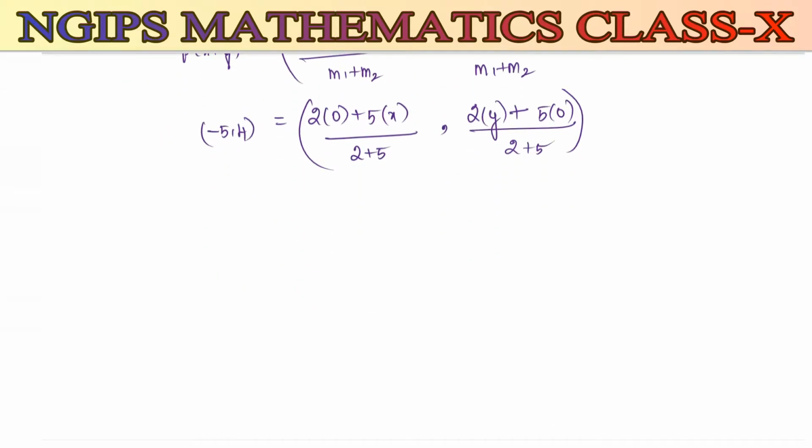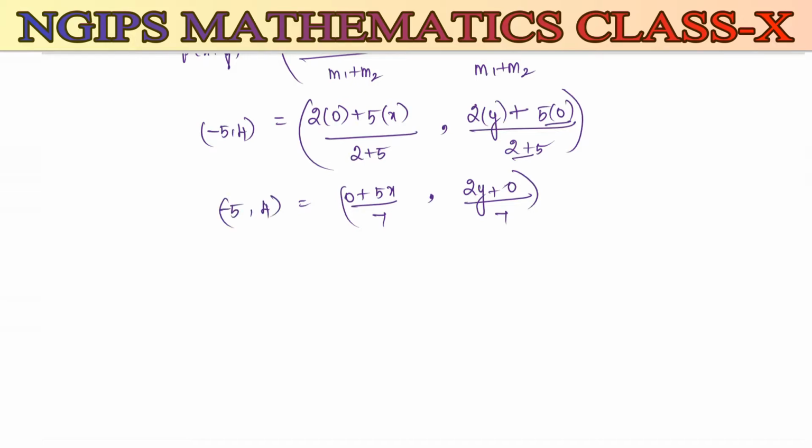So if you simplify here, 2 into 0 the value it will be 0. 0 plus 5 into x, 5x divided by 7 comma here we have 2 into y it is 2y, 5 into 0 it is 0 divided by 5 plus 2 it is 7. In the right hand side we have minus 5 comma 4.